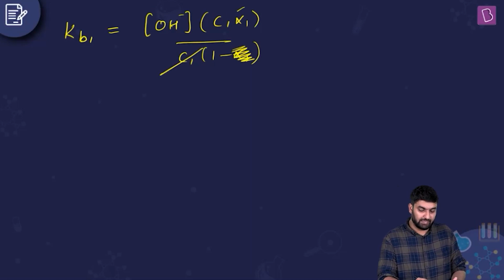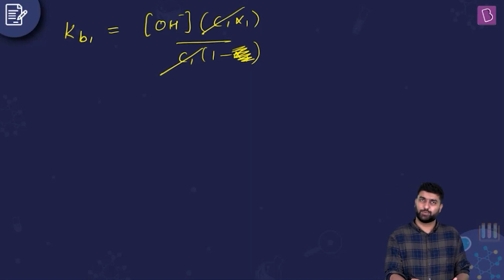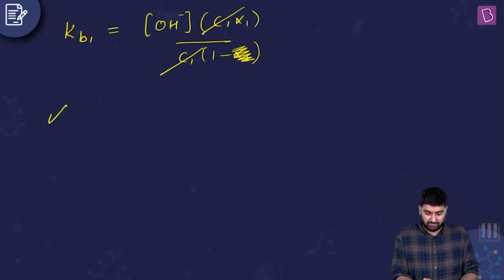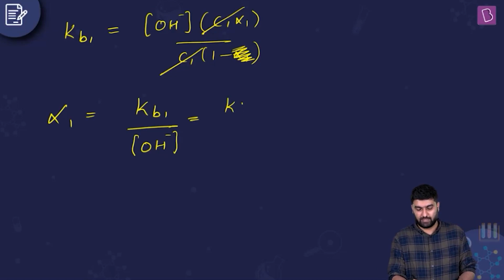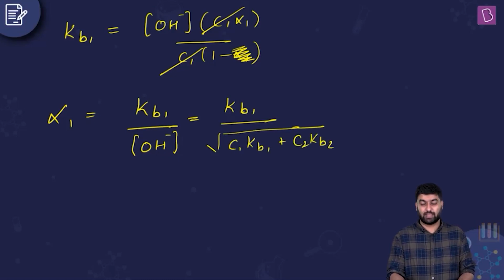The C1 here gets cancelled out. So the answer, alpha 1, is going to be equal to KB1 divided by the OH minus concentration, which is equal to KB1 divided by the square root of C1 KB1 plus C2 KB2.